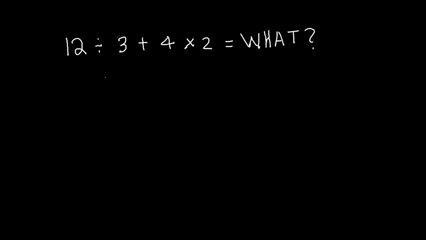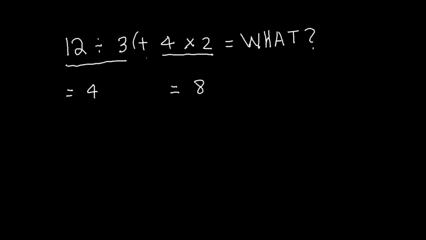Now, step by step, let's solve it the correct way, applying the rules. First, you need to do 12 divided by 3, which equals 4. Then you do multiplication: 4 times 2 equals 8.